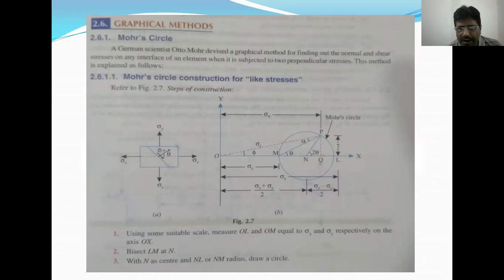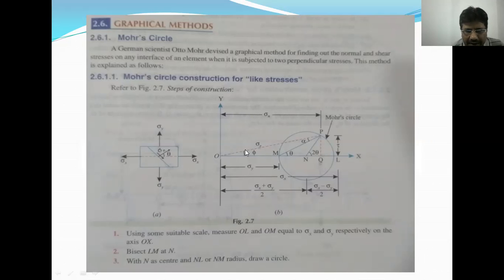Point P from the origin will also represent, at a distance of sigma n, the normal stress. So now we have found sigma resultant, sigma normal is found, and shear stress is found.